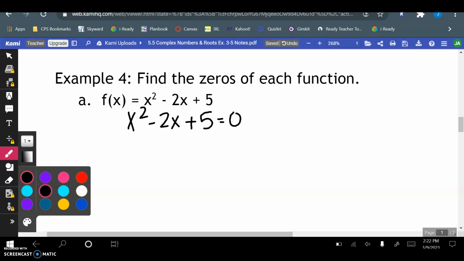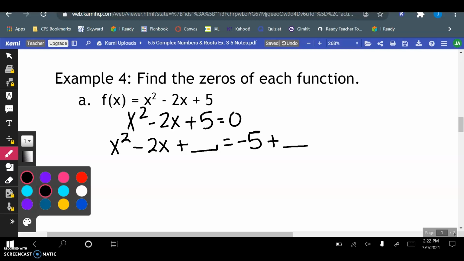And then we're going to split it up. We're going to complete the square here. So x squared minus 2x plus something is going to equal -5 plus something. So we're moving that 5 to the other side, and then we have to figure out how to complete the square.